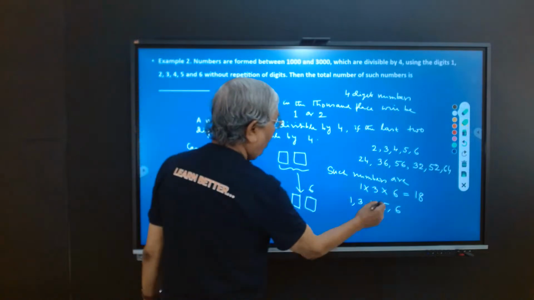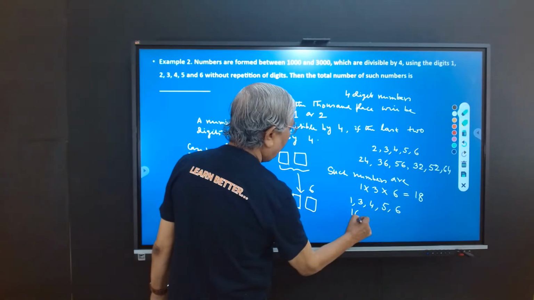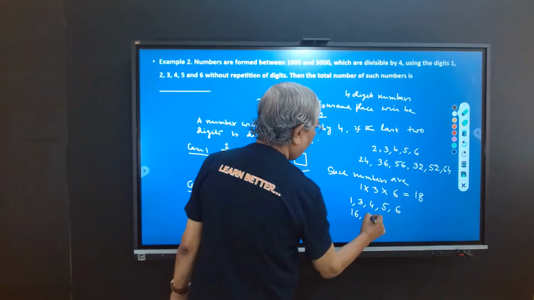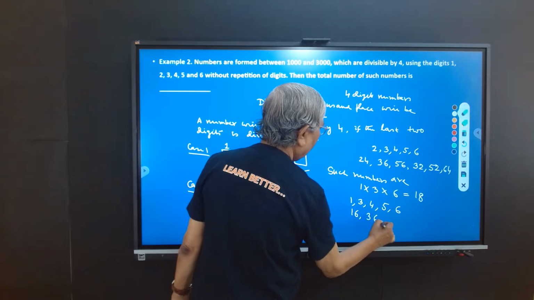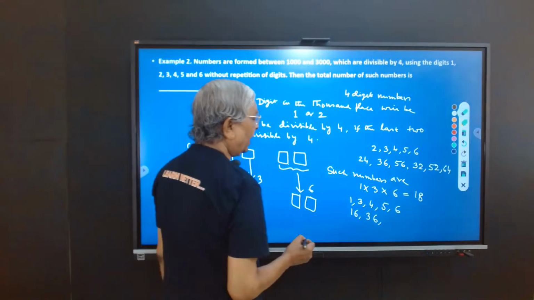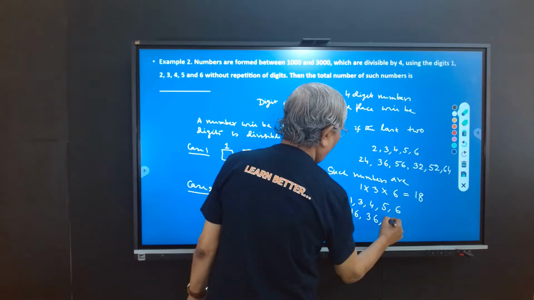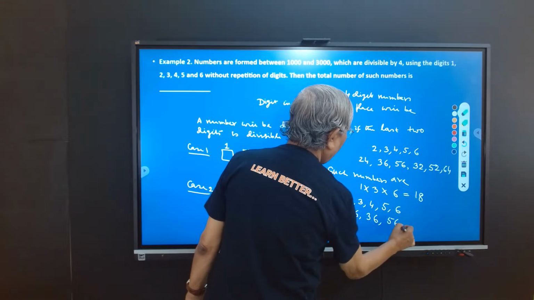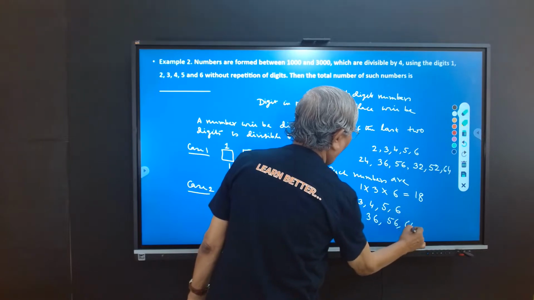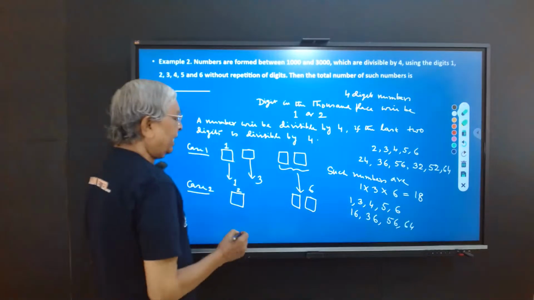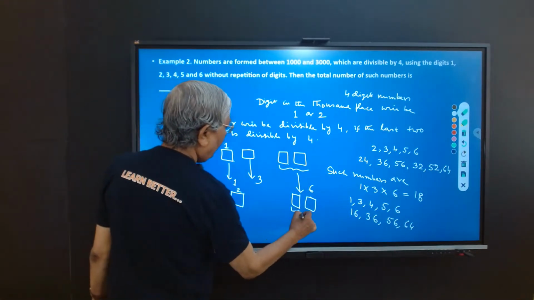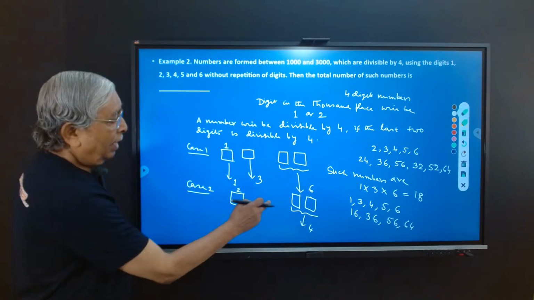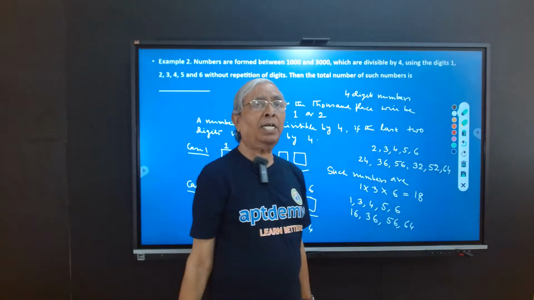So we can write 16, then 36, then 56, then 64. So how many 2-digit numbers are there? These are 4 in number: 16, 36, 56 and 64.